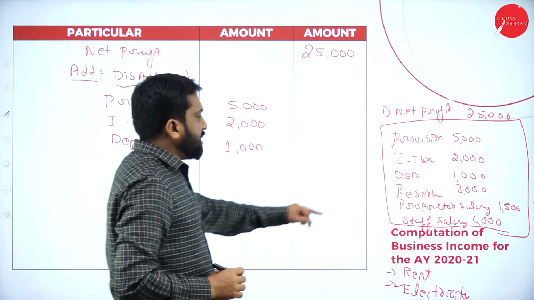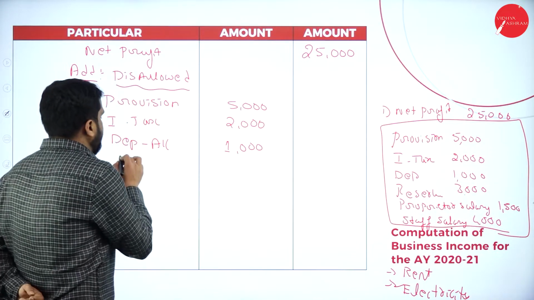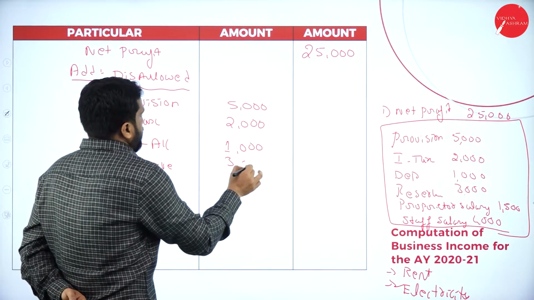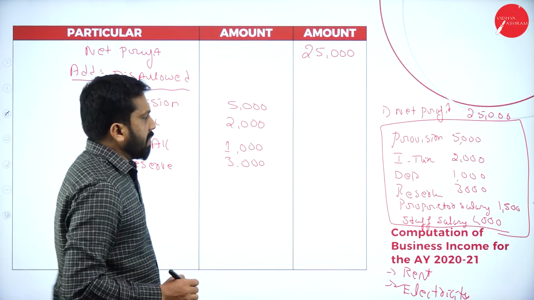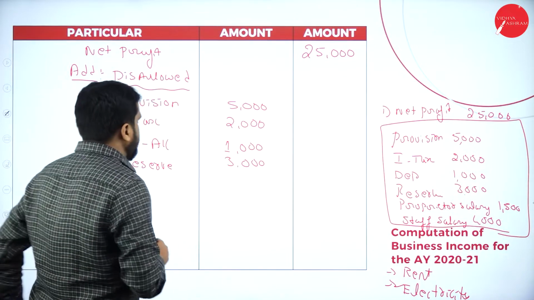Then reserve, any reserve is called disallowed. It is how much? 3,000. Reserve, it is 3,000. Then your proprietor's salary is a disallowed item, 1,500.